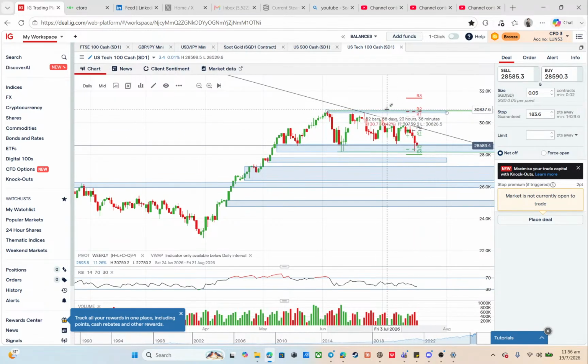Let's see. I mentioned this is the drawdown, the buy interest here. We can see the tip here is 11.3% and to here is close to 14%. So this is a buy interest. All in all, if SPX drops 8%, then NASDAQ is about 12 to 14%, a 12 to 14% drawdown correction for this year.